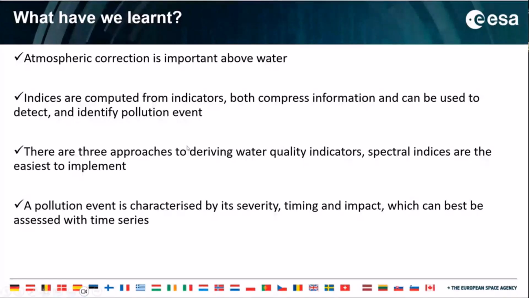There are three approaches to derive water quality indicators. Actually, these are the approaches. Either you use an empirical approach, semi-empirical, or fully analytical. There are many techniques to apply these approaches, like lookup table and optimization, using spectral fitting and so on. But only three main families to derive water quality indicators.